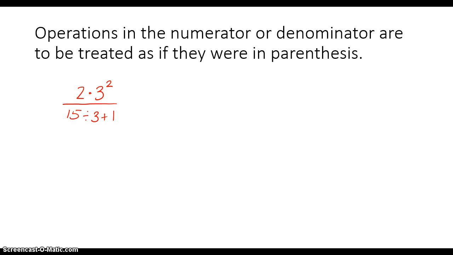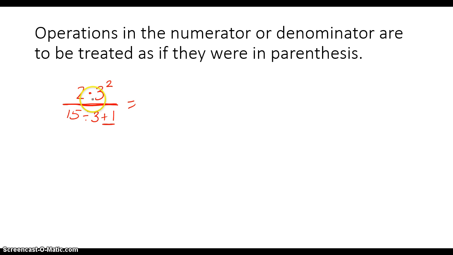If I have 2 times 3 squared over 15 divided by 3 plus 1, before I could go and do the division, which the fraction bar would indicate, I need to do what's in the numerator and evaluate that, then evaluate what's in the denominator. This means that I will be adding this 1 before I end up doing the division that the fraction bar indicates I should do.